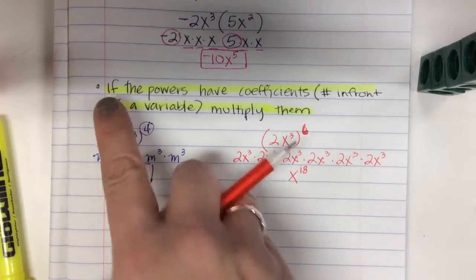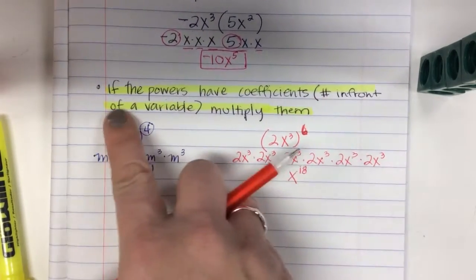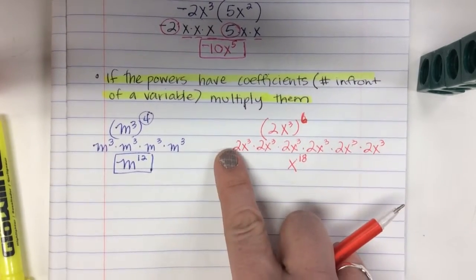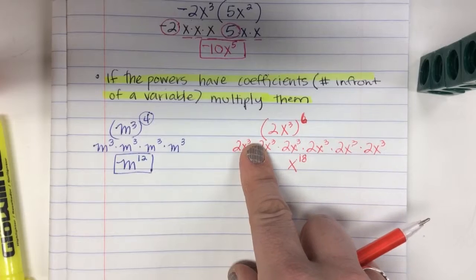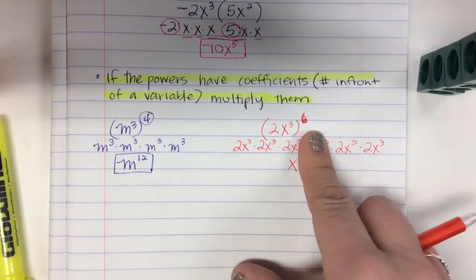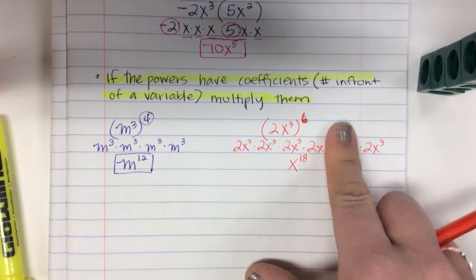The second rule we said if the powers have coefficients, numbers in front of a variable, multiply them. 2 times 2 is 4, times 2 is 8, times 2 is 16, times 2 is 32, times 2 is 64.